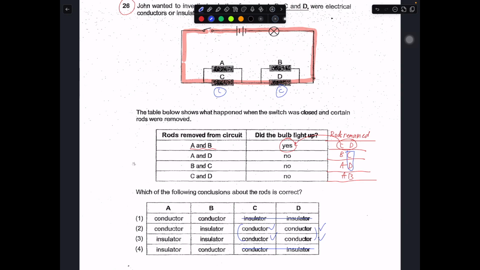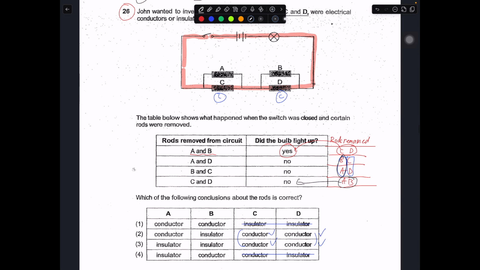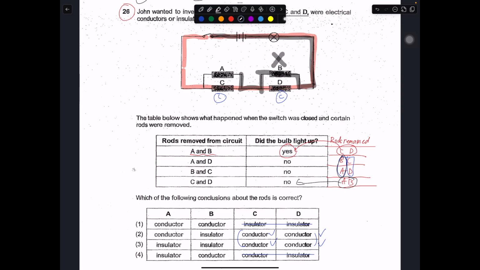So when we pair with A and B, the light bulb did not light up. It must tell us straight away that this must be an insulator. And furthermore, when we take A and B together, the light bulb did not light up. So it straight away tells you that when you try to remove C and D and force electricity to flow through A and B, which is the black color half that I'm going to draw now, it did not flow through here, neither did it flow through here, to be able to close the circuit.